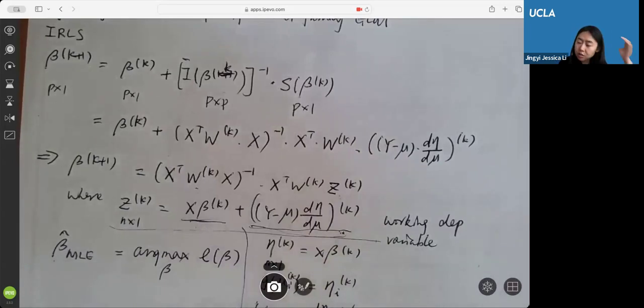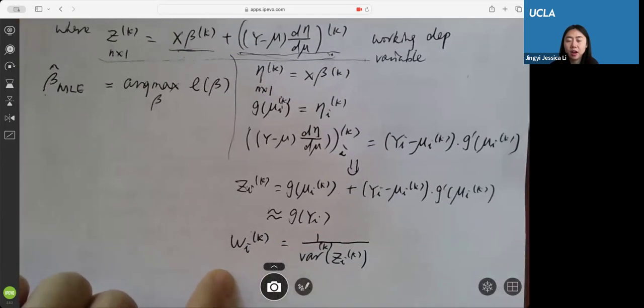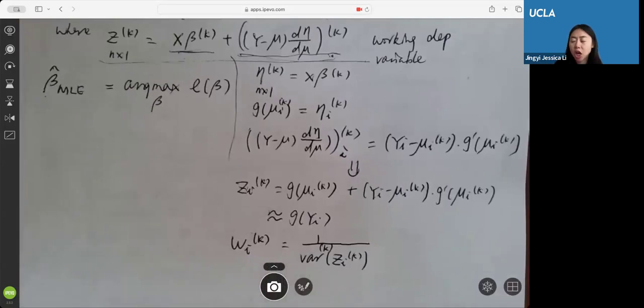And last time we also talked about how to implement and do some hand derivation of the IRLS under individual data logistic regression and group data logistic regression. That's what we did on the board last time.